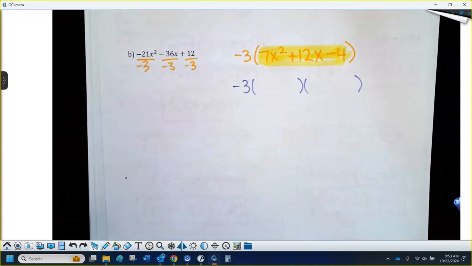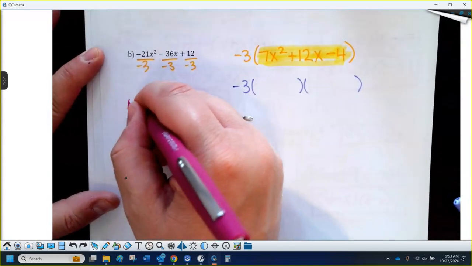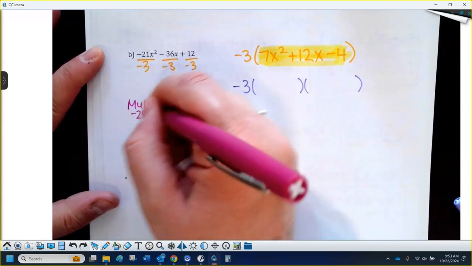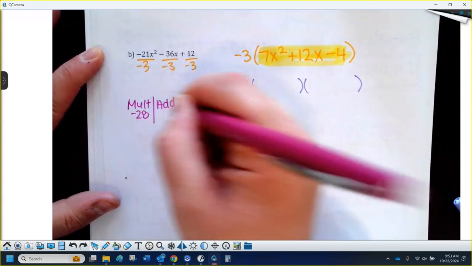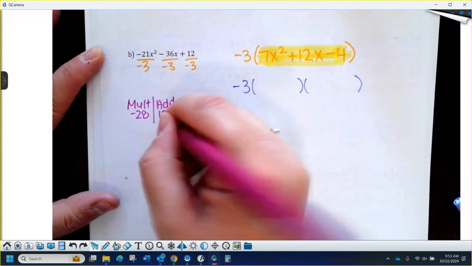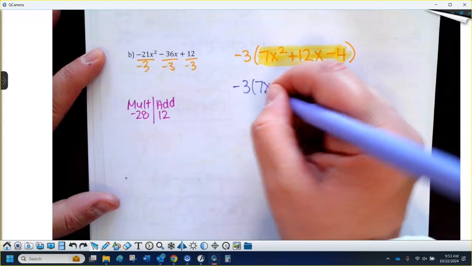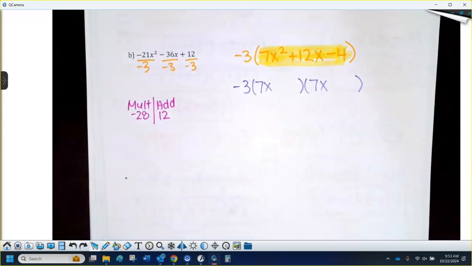So I'm going to multiply first and last. So we're going to multiply 7 times negative 4, so negative 28. And I'm going to add to get the number in the middle, which is 12. And I'll just start out my parentheses with the first term, which is 7x, just drop the squared.